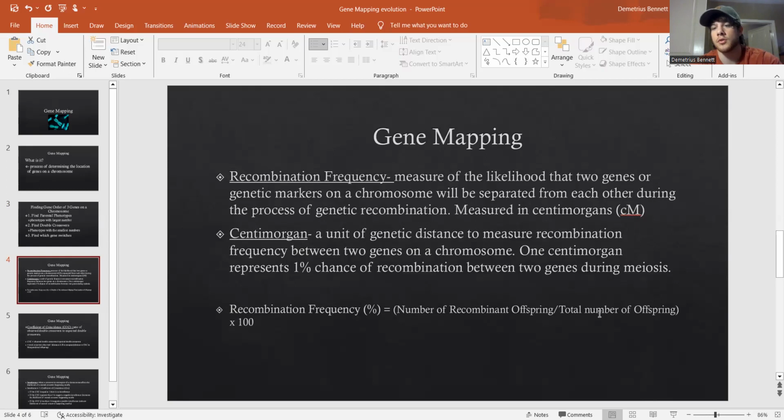If you multiply it by 100, you'll usually get a nicer number, but then it'll be in centimorgans. And so we're going to do this to find the distance between S and R and W in our problem.